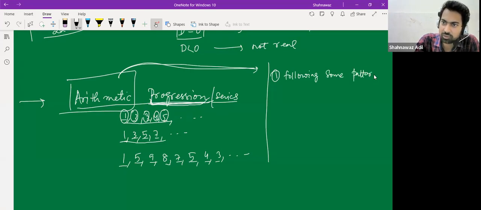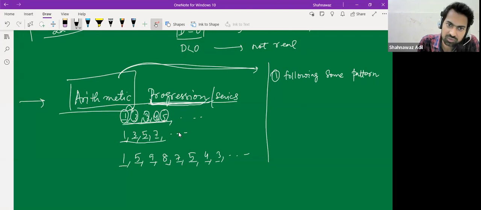Is this following some pattern? This is a set of natural numbers. Is this following some pattern? Yes. What can you tell about the successive numbers?